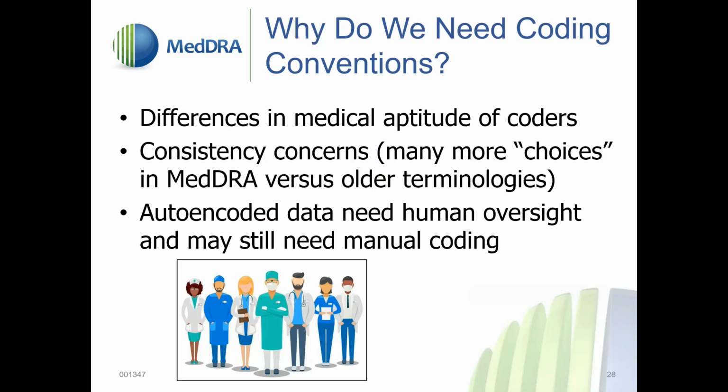That is why coders need more guidance on how to prioritize and handle these options in order to achieve coding consistency, especially when they are working in different functions and geographical regions. And you may have the need for more specific coding rules for certain medical areas based on your product portfolio.